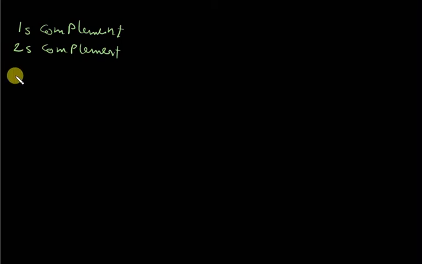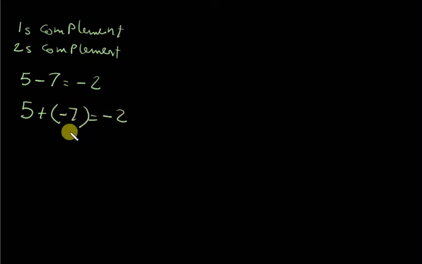What I mean by that is, for example, if I have 5 minus 7, it gives me negative 2. Right now I'm doing the subtraction, but I can change this so that I'm actually doing addition. That means 5 plus negative 7 is equal to negative 2.